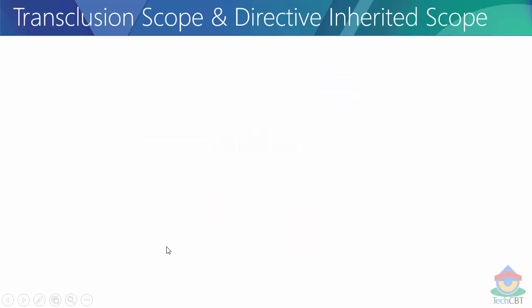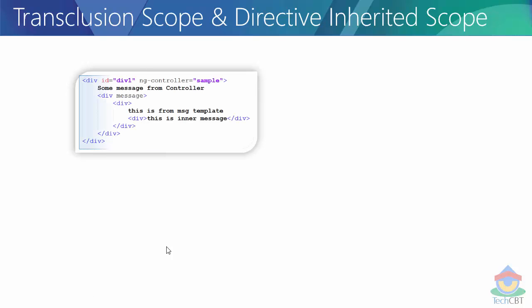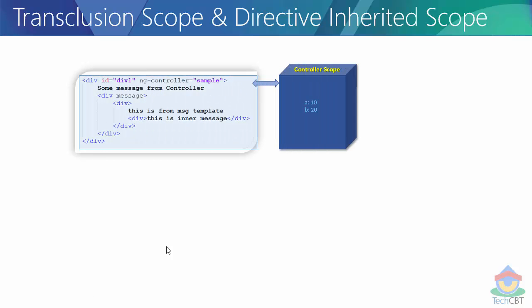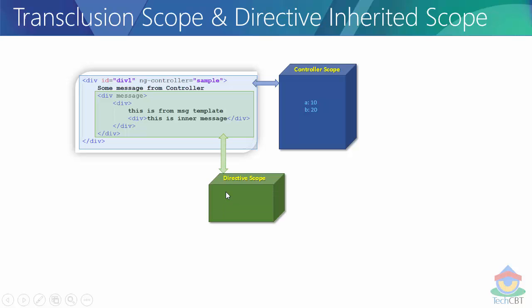Okay, now let us worry about directive inherited scope. As usual, I have the markup, I have the controller level scope, and I have the directive, and I mentioned the directive as inherited scope, which means it is going to have its own scope object. However, it is going to have the inheritance made directly from the parent element. In this case, it happened to be the controller scope.